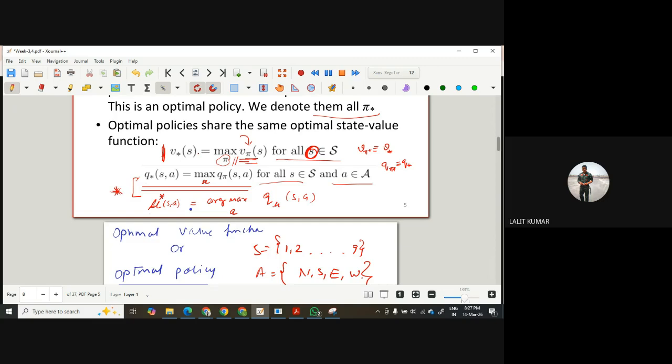If you are asked for the best policy, that's the optimal policy, it is argmax over A, whereas Q star is the maximum over pi. Similarly, V star is max over pi.